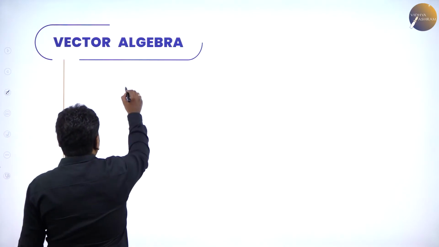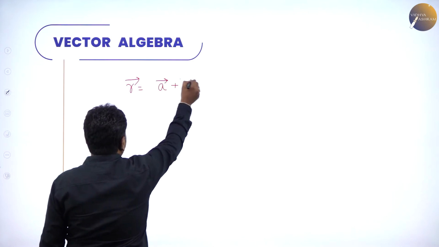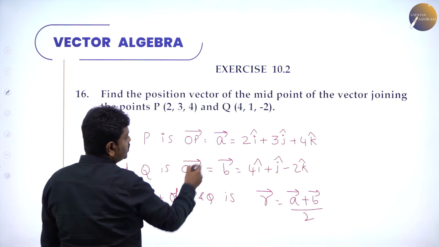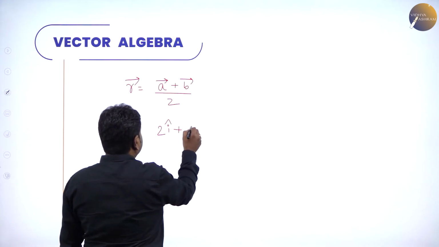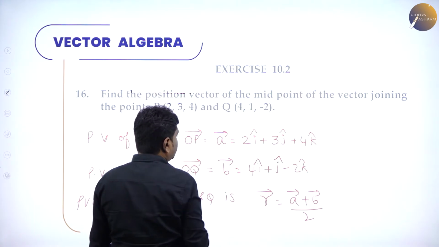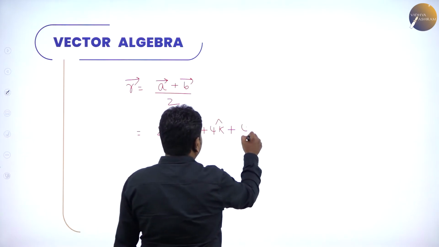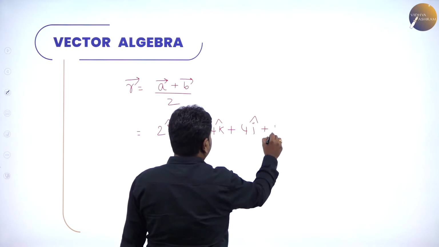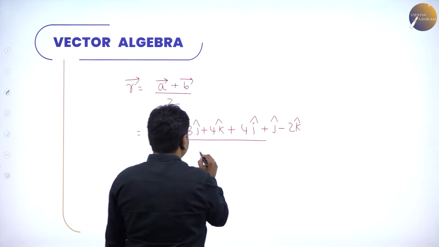Now use the formula. Vector r is equal to vector a plus vector b by 2. Substitute in this. What is vector a? Vector a is 2i cap plus 3j cap plus 4k cap, plus vector b. What is vector b? 4i cap plus j cap minus 2k cap, divided by 2.